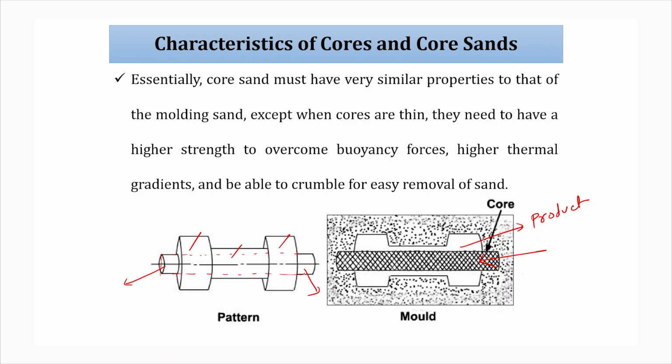But in the pattern, you have to make provision for the core also. For the core provision, this is the core print, which we will discuss later. This is the pattern where an extra feature has been added for the core, and in that place we place a core.